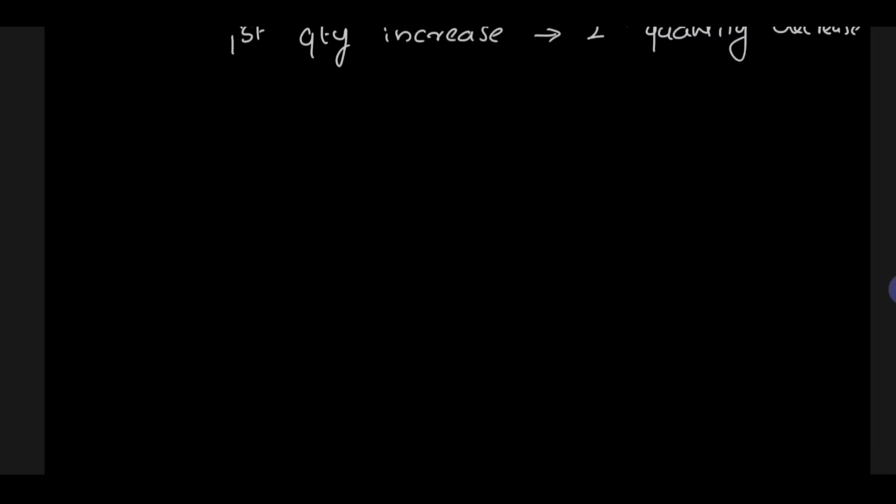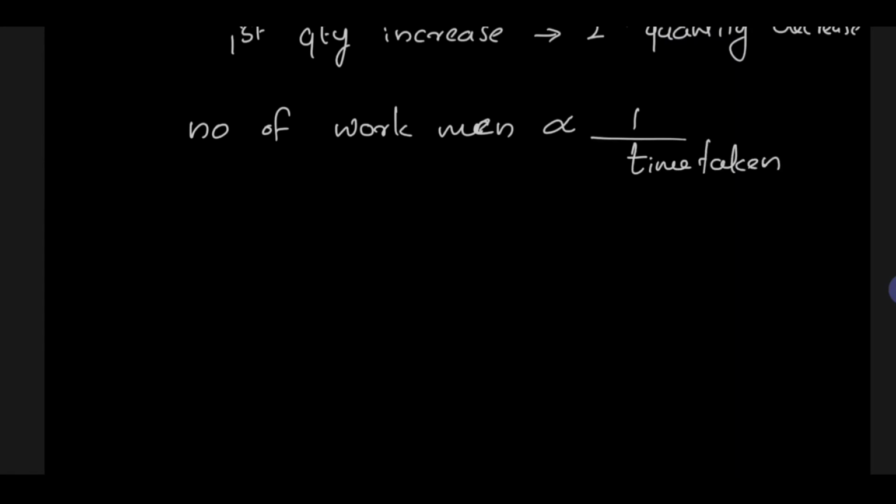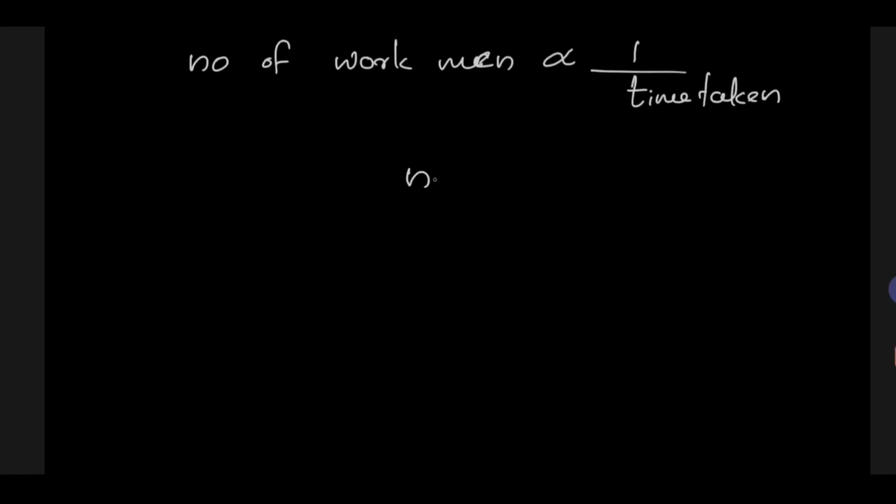If the number of people increases, the number of days to complete the work will decrease. That is, the number of workmen, denoted as n, is inversely proportional to the time taken to complete the work. This is inverse proportion, and the other one is direct proportion.